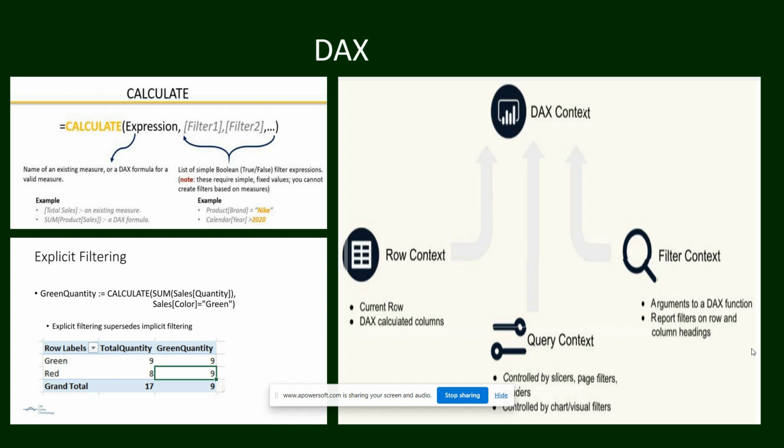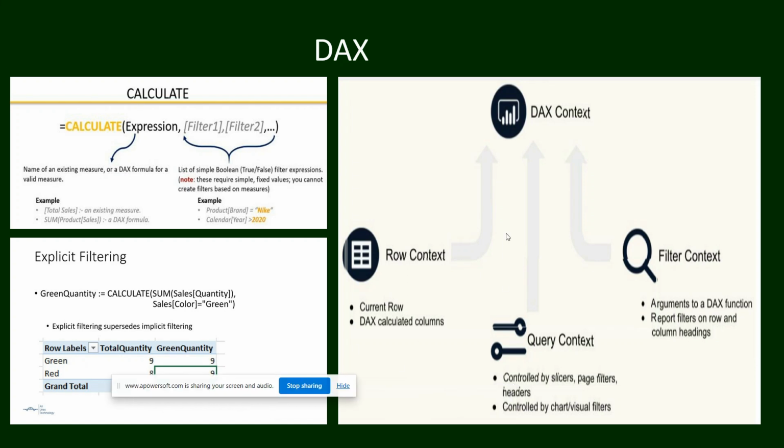The DAX context is made up of the row context we discussed, the query context we discussed, and the filter context we discussed, right? The row context is clearly visible to us, as we see in the table row by row, the row data.